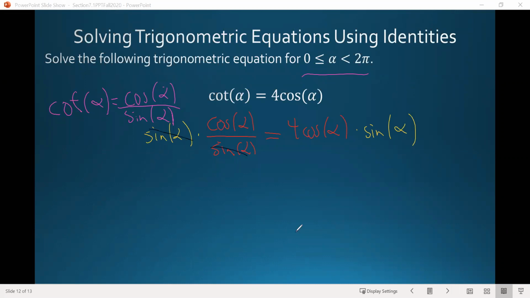All right, and when we do that, we end up with cosine of alpha equals now 4 cosine of alpha times sine of alpha.